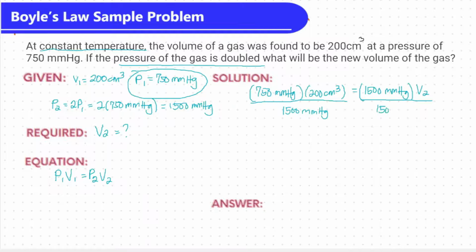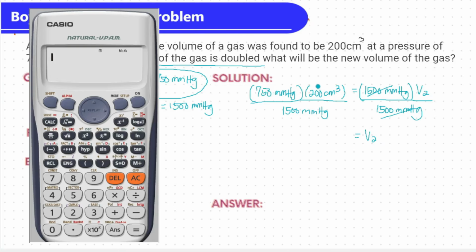So what I am doing here is dividing both sides by 1,500 millimeter mercury to cancel it, eliminate V2, and use my calculator. Okay. 750 times 200, divided by 1,500. That would be 100 cubic centimeters. Okay, our final answer would be 100 cubic centimeters.